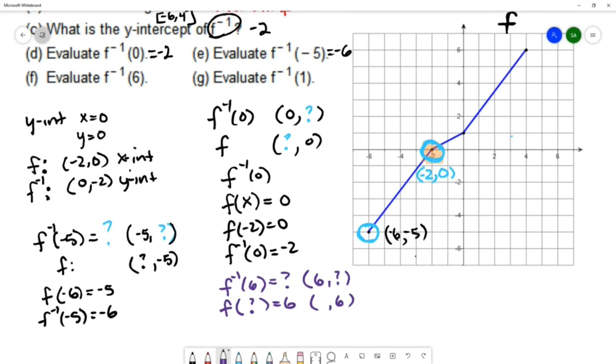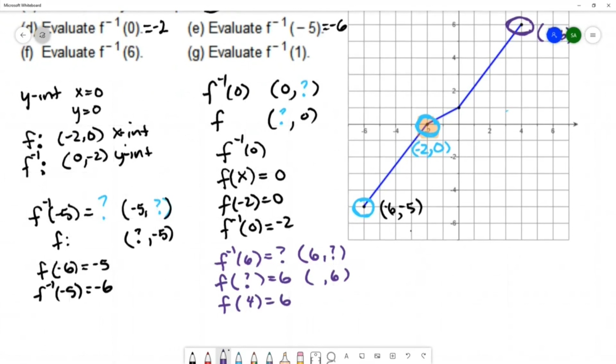So we're looking for a y-coordinate of 6. Right here is a y-coordinate of 6. That ordered pair is 4, 6. So we know that f of 4 equals 6 and f inverse of 6 equals 4. So we get an answer of 4 for part F. F inverse of 6 equals 4.